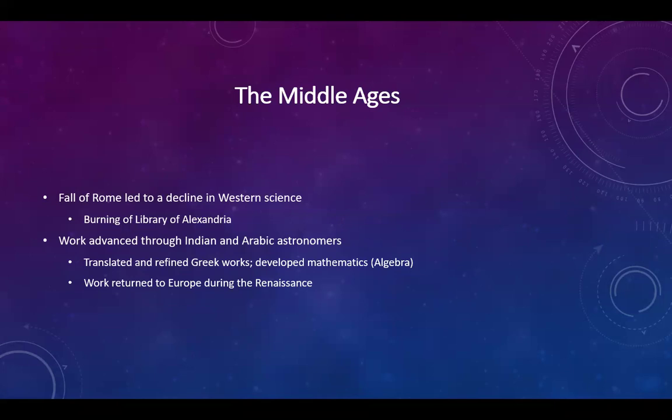So it worked through Indian and Arabic astronomers who had gotten access to translated and refined Greek works and developed more advanced mathematics like algebra.